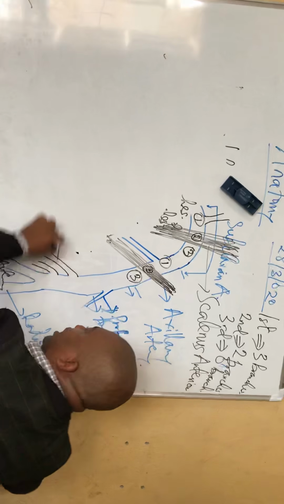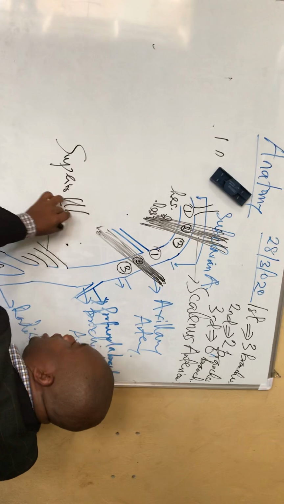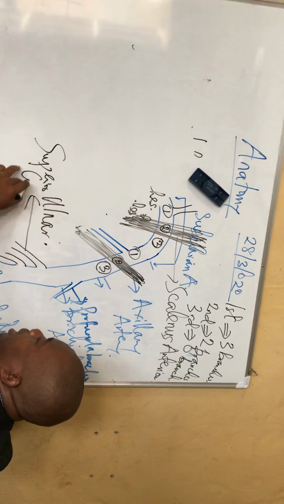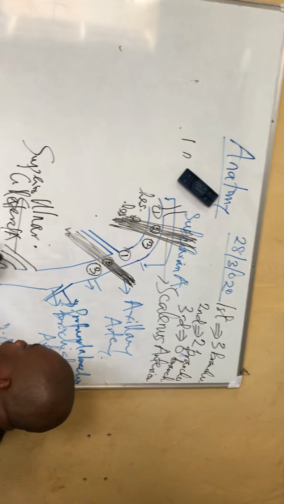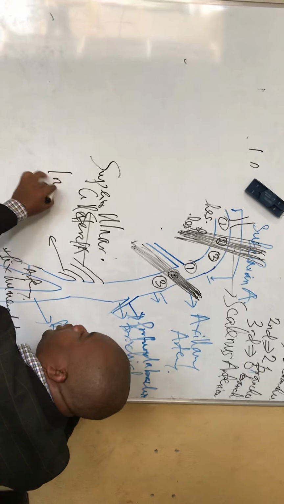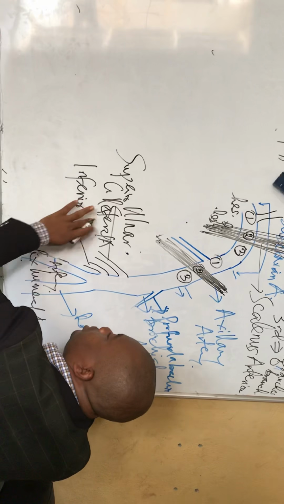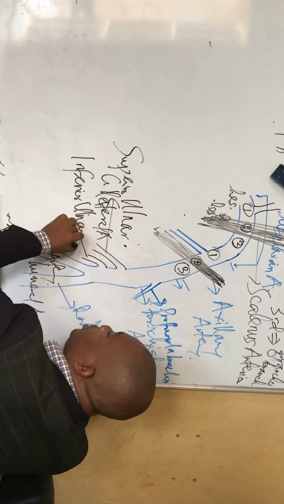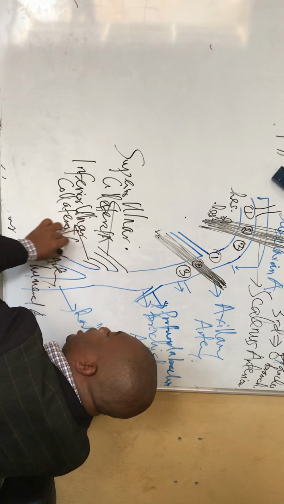So you have the superior ulnar collateral artery, and you have the inferior ulnar collateral artery.